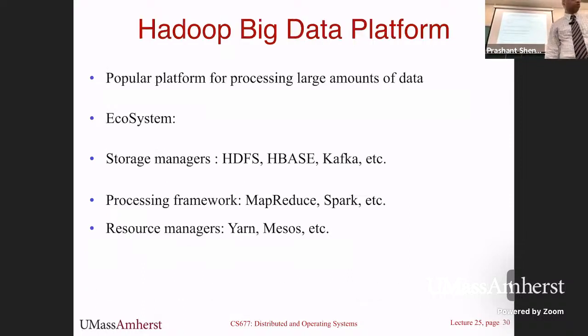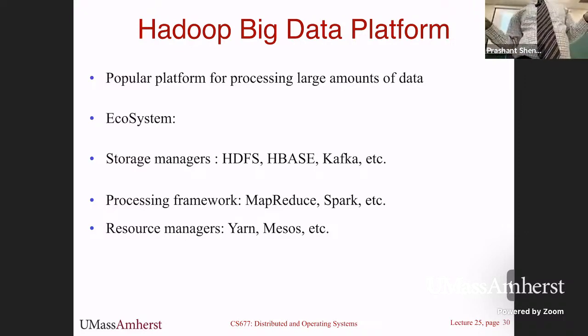Okay. So the Hadoop big data platform has many different components. We already saw one of them before. That was HDFS. I talked about that at the beginning of the class. That's the file system that's going to store our data sets.